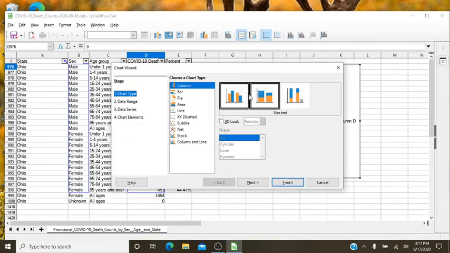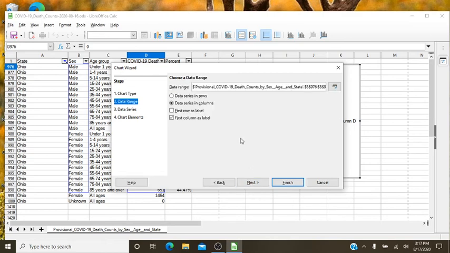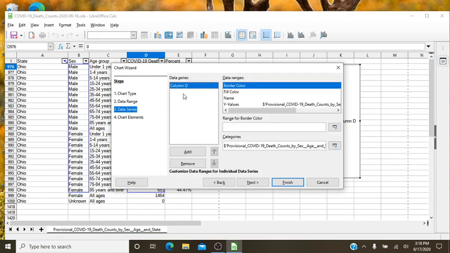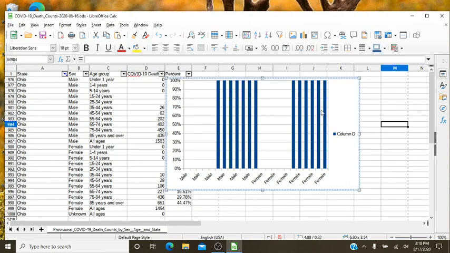Let's see if we can stack male and female. That didn't work so well.